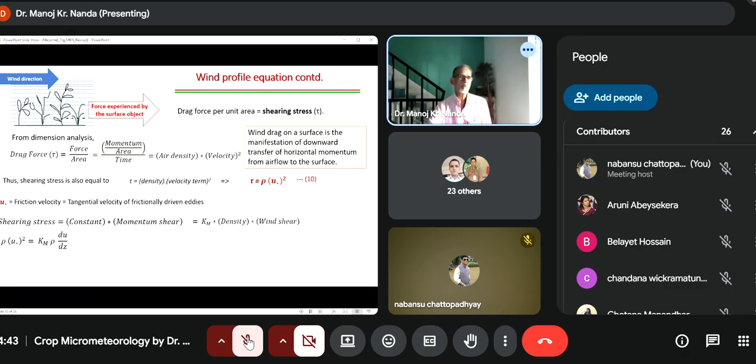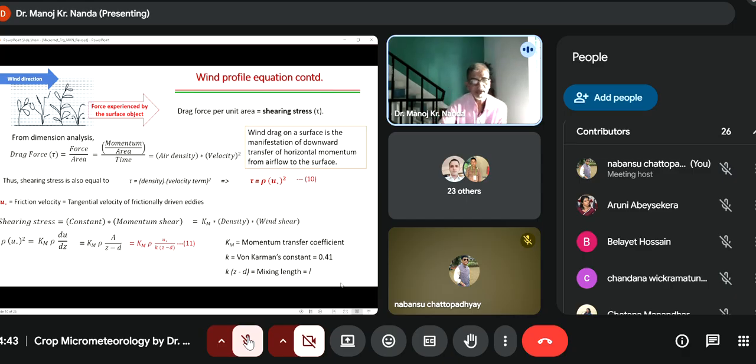Now the thing is, how is this momentum transfer becoming important? For that, in one or two slides, I can tell you why it is becoming important. This Km is going to rho into A by Z minus D. And here, just one more imagination: this A, the proportionality constant, is equal to U asterisk by K. So U asterisk is your frictional velocity and K is your von Karman's constant, that is 0.41, a universally accepted value.